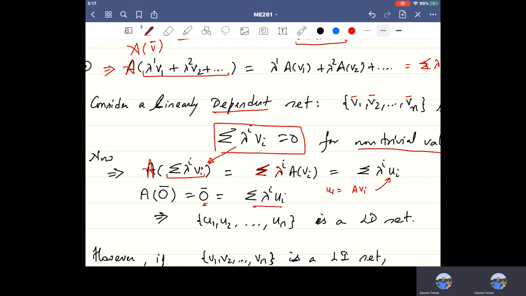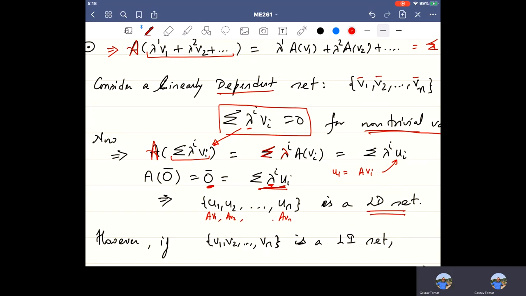Means a linear combination of the vectors ui's is giving you a 0 for non-trivial values of lambda i. That's what we started with. This is true for non-trivial values of lambda i, and then those lambda i values have been carried through these equations, and finally you get the summation of lambda i ui is also equal to 0, which means that the set that you have taken, of Av1, Av2, Avn, after the mapping also forms a linearly dependent set.